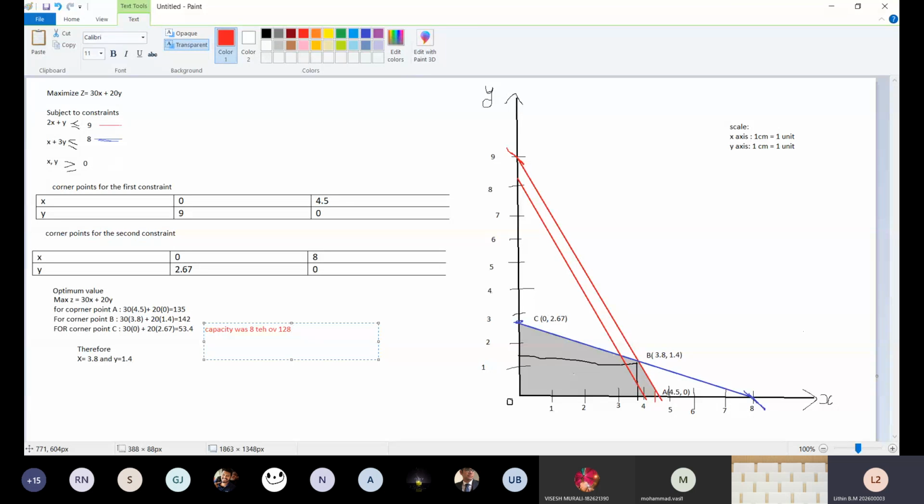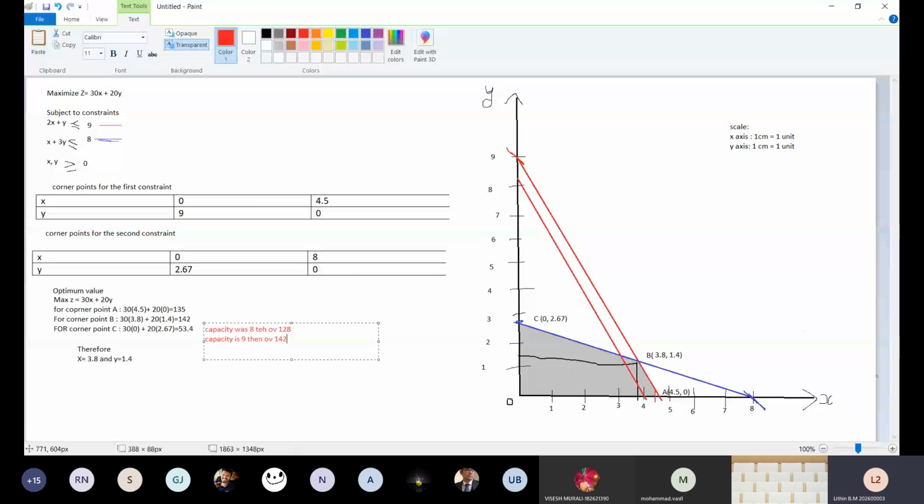Now the capacity is 9, then the optimum value is 142. So I increased my capacity from 8 to 9, a 1 hour change. When I increased my capacity by 1 hour, my profit increased by 14.